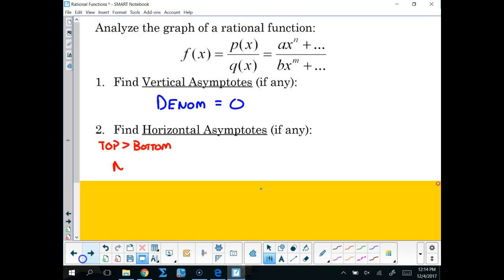Right. The bottom's bigger than the top. Y equals 0, which is different than what you had said the first time.